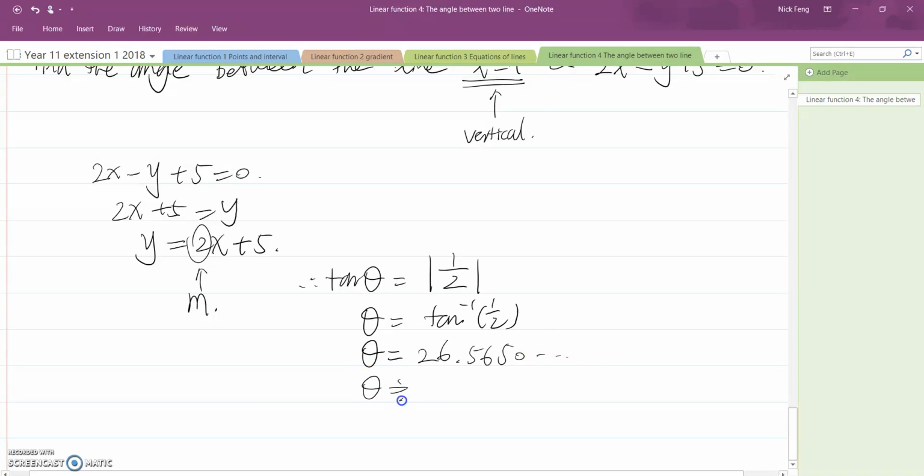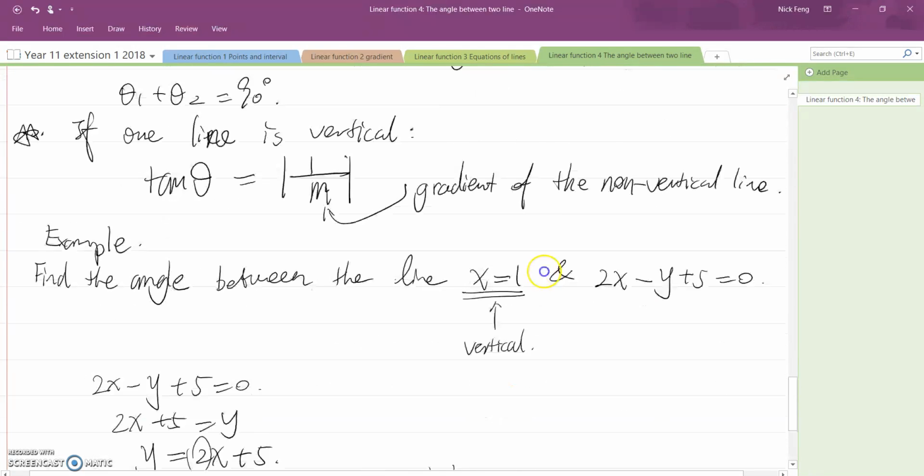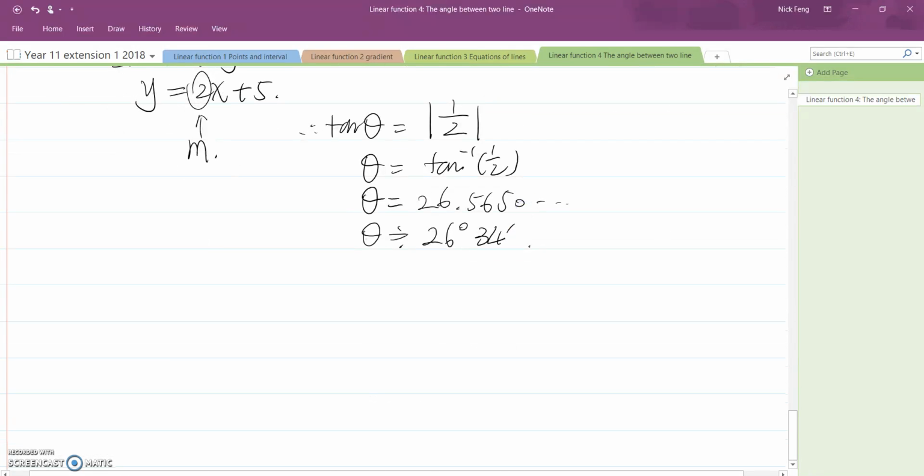If corrected to the nearest minute, that would be 26 degrees 34 minutes. Okay, so that becomes a bit easier when one of the lines is vertical.